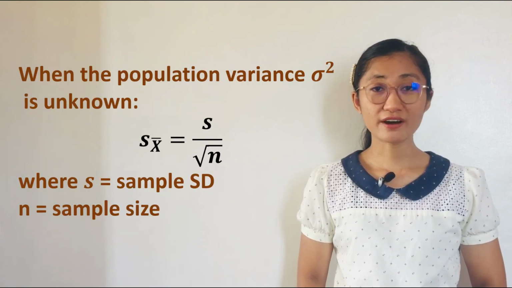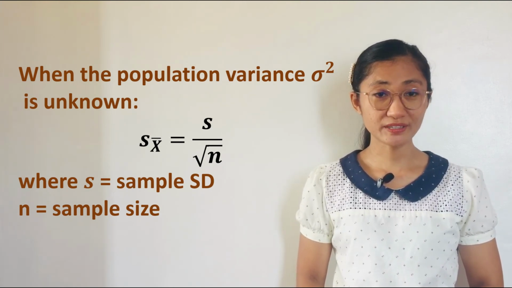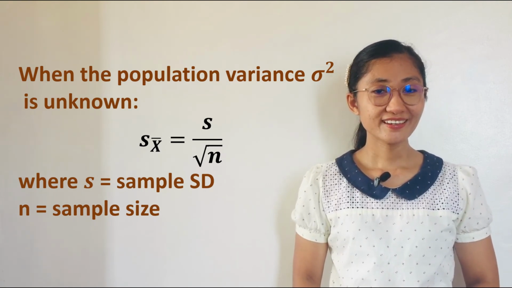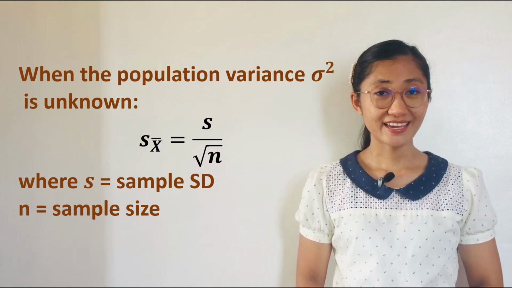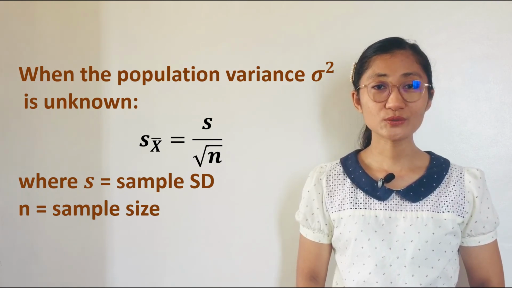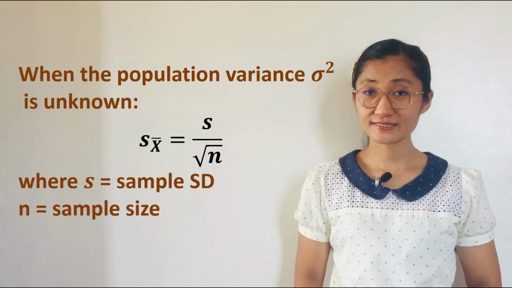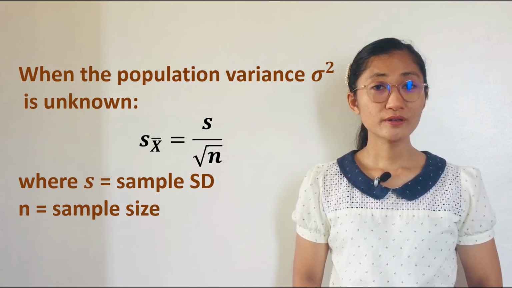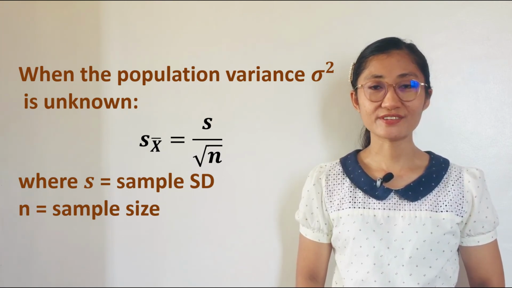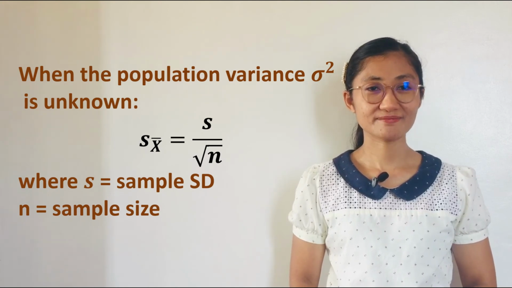When the population variance sigma squared is unknown, the standard deviation of the sampling distribution of the sample means, or the standard error of the mean, is derived by s sub x bar equals s over square root of small n, where small s is the sample standard deviation, or the point estimate of the population standard deviation sigma, and small n is the sample size.